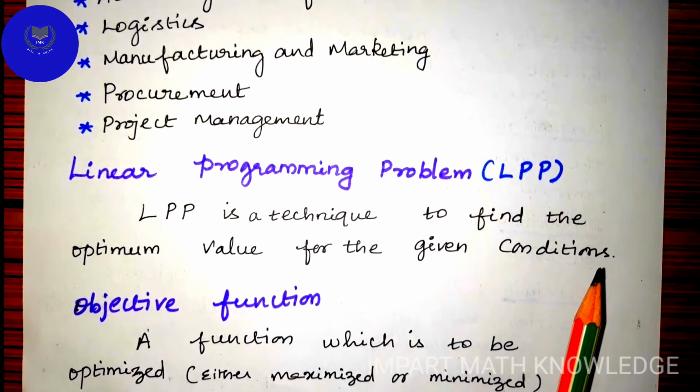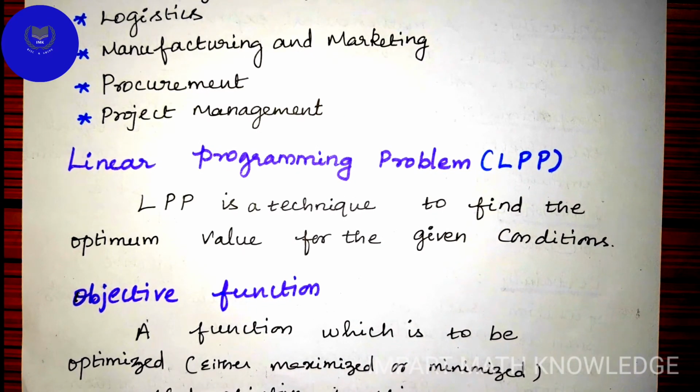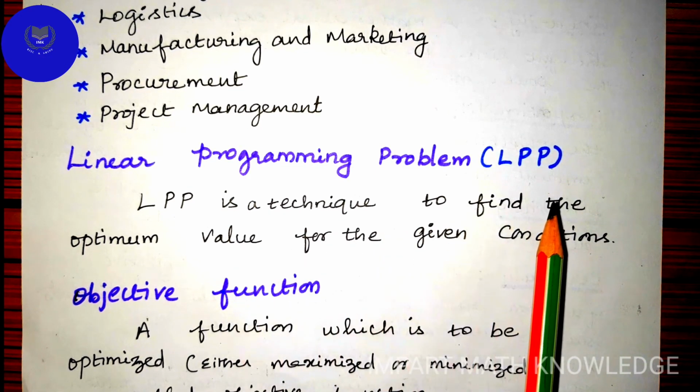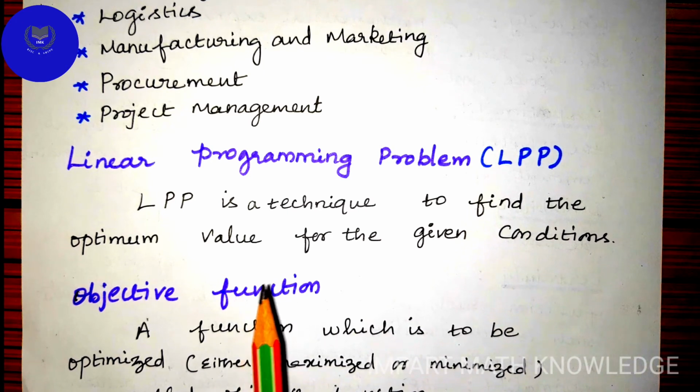Linear programming problem is a technique to find the optimum value for the given conditions. For the linear programming problem, we must know some basic definitions.